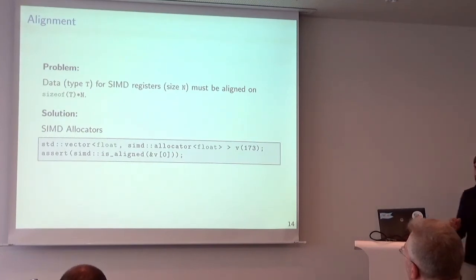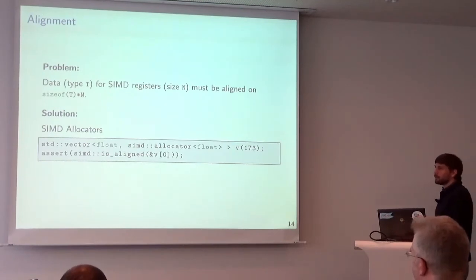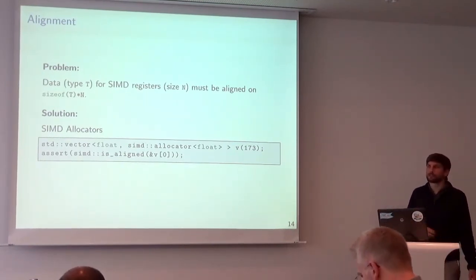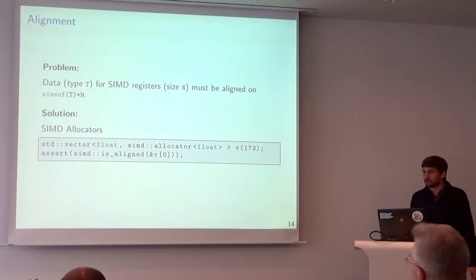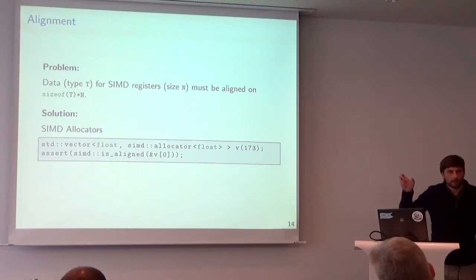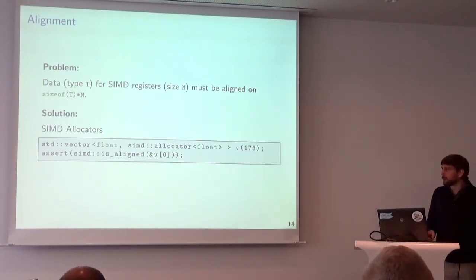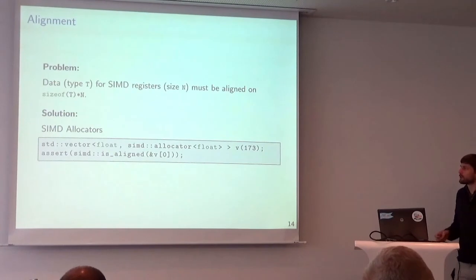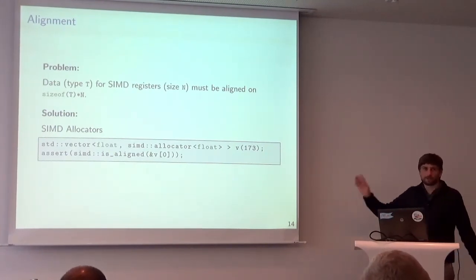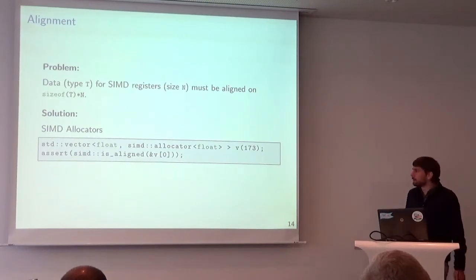Because you have to worry about alignment a bit. The reason is that if you want to use SIMD registers, and you load stuff from main memory in there, the stuff has to be aligned properly to nicely fit into the SIMD register. But all you have to do essentially is use the correct allocator that's also provided by this library.